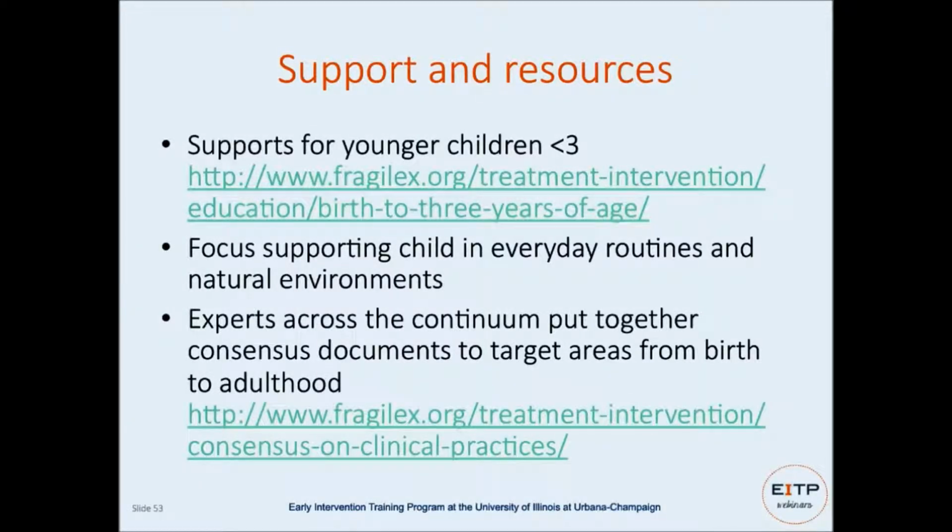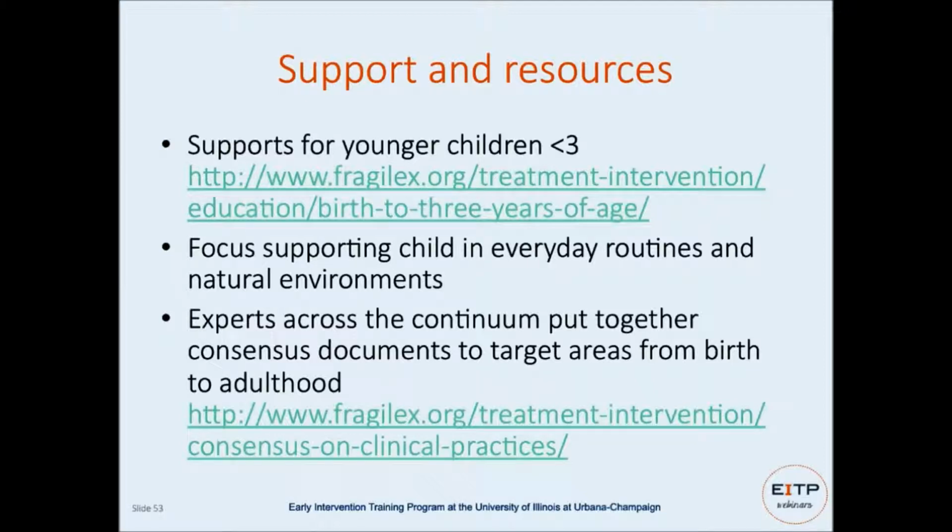So this top link that's on here, the supports for younger children, is a great resource on the National Fragile X Foundation website. They have educational strategies and things that go from birth up through high school. It's really important to focus on supporting their everyday routines and their natural environments. And then this consensus document, this bottom resource, I cannot tell you how much I refer to this.